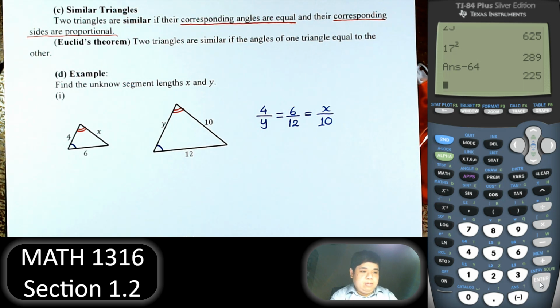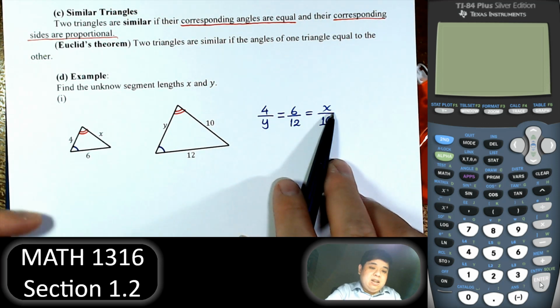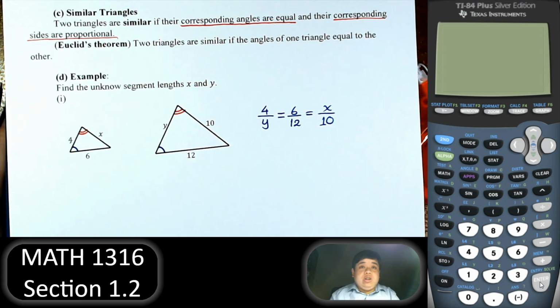So, in two similar triangles, the 4, 6 and x will be proportional to y, 12 and 10. Now we just solve for that easily.